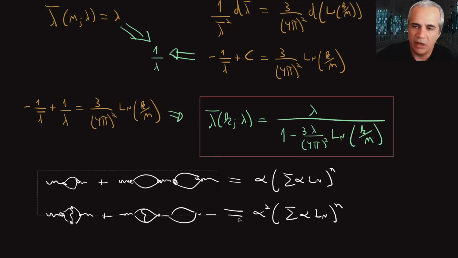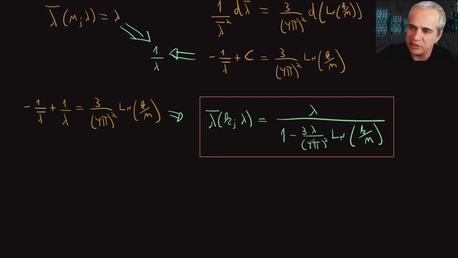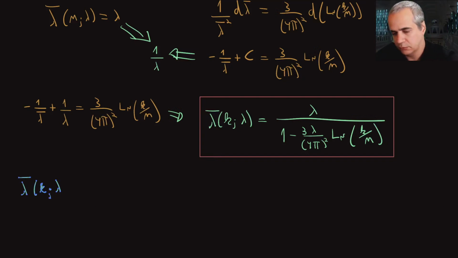Now, the renormalization group equations are already giving me this resummed expression without any of these ambiguities, right? If I expand these for small lambda times log, I can rewrite this lambda bar of k in this way.